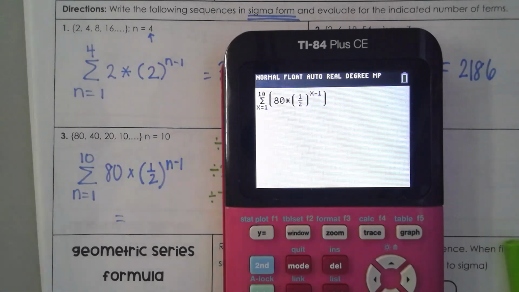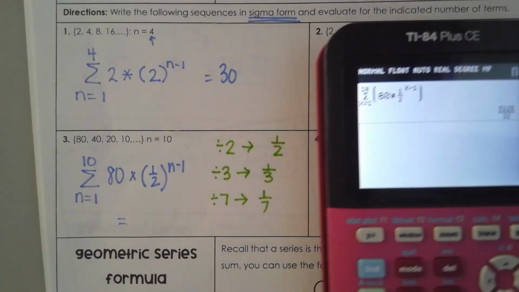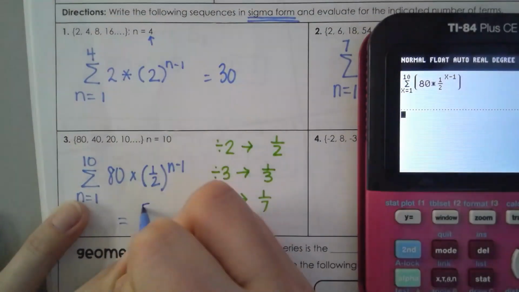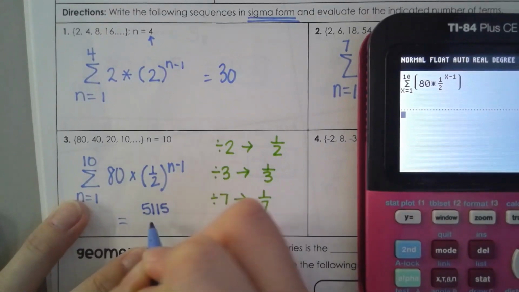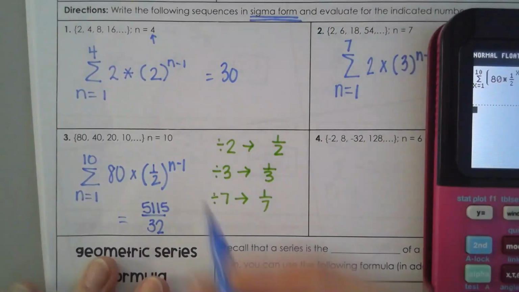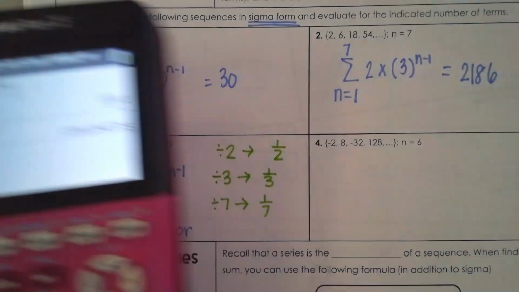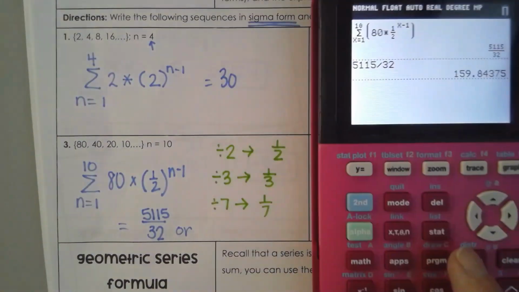So check to make sure that what you typed in the calculator is what I've typed in. We don't have to put the times, do we? No, you can do without it. And you get 5,115 over 32. Or if you had used 0.5, you would have got that decimal.